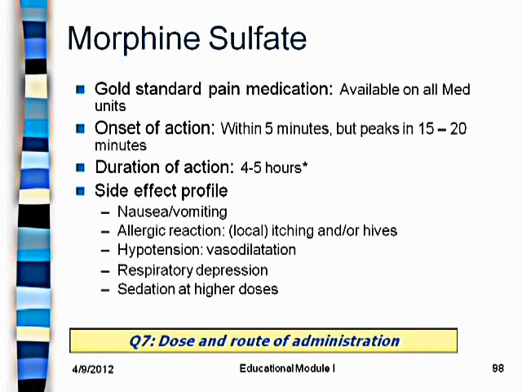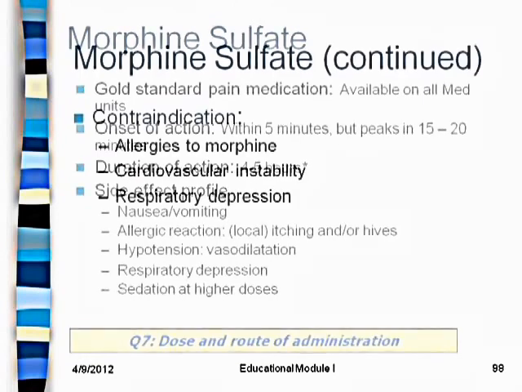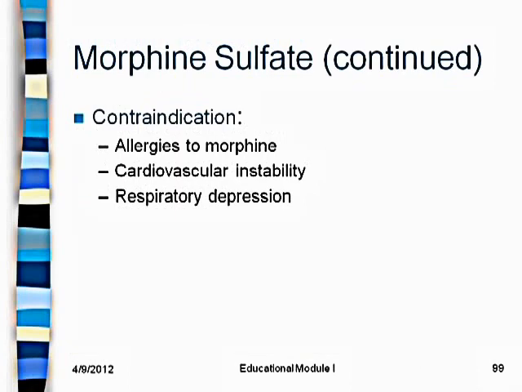However, as with respiratory depression, this side effect does not usually occur at the standard dose of 0.1 milligram per kilogram. Morphine is contraindicated in patients with known allergies to morphine, presence of any cardiovascular instability such as hypotension or shock. If the patient is already experiencing respiratory depression or poor respiratory effort, morphine must be given with extreme caution.